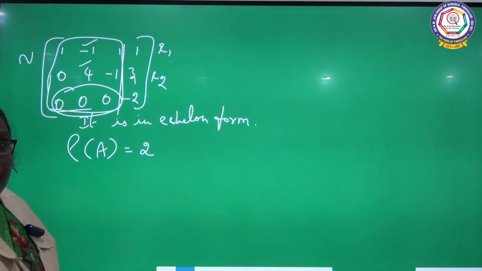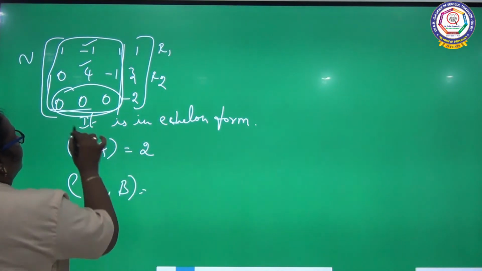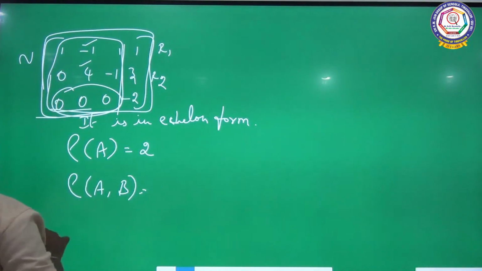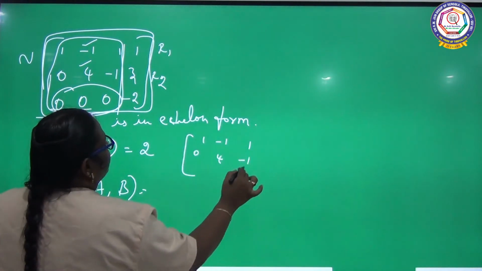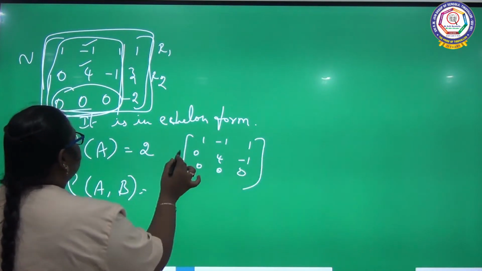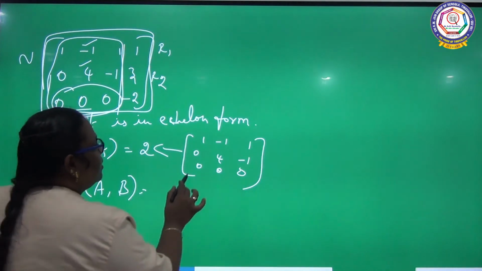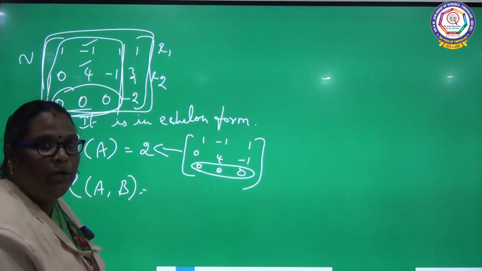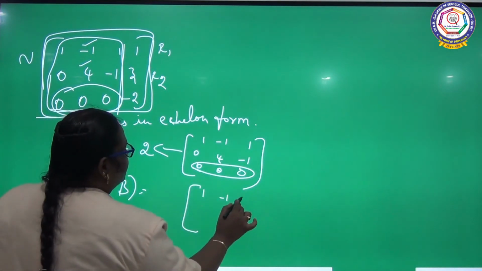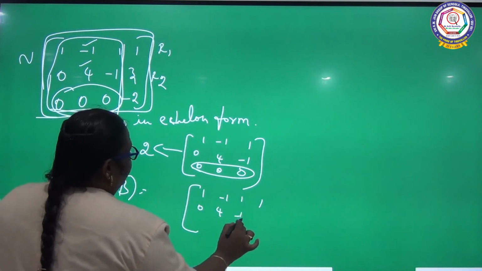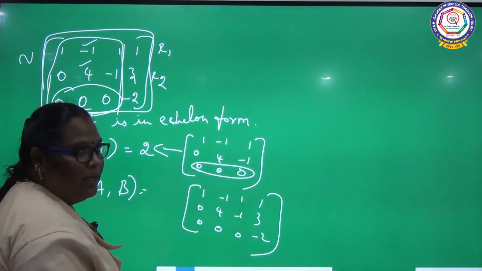What is the rank of [A, B]? For A, we have 1, -1, 1; 0, 4, -1; 0, 0, 0, so there are only 2 non-zero rows. For [A, B], we have 1, -1, 1, 1; 0, 4, -1, 3; 0, 0, 0, -2.